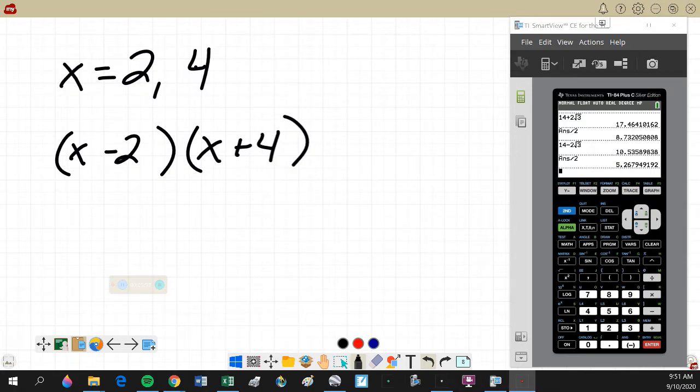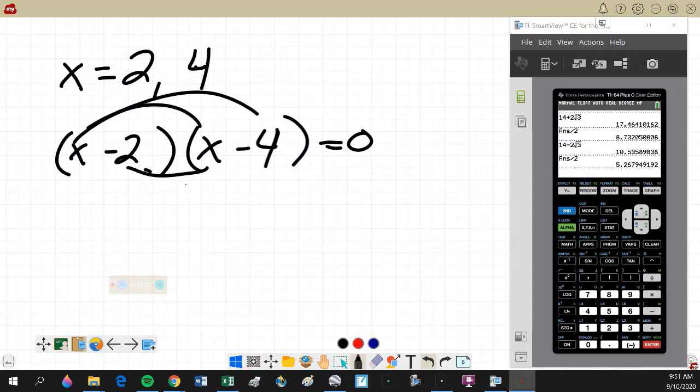Now what should I do? Oh, because I don't know what I'm doing. Thank you. Now what? So equals 0. Yeah, now I need to multiply them together. So you can do it this way, or you can set it up in the box.